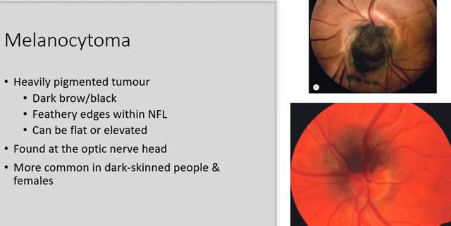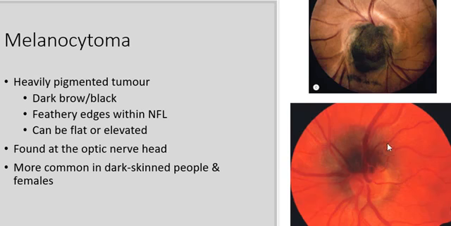Let's move on to melanocytomas. Melanocytomas are heavily pigmented tumours, and they're dark brown or black in appearance, and they have feathery edges, and often they're located within the nerve fibre layer, and they can be either elevated, as is this one, or flat.